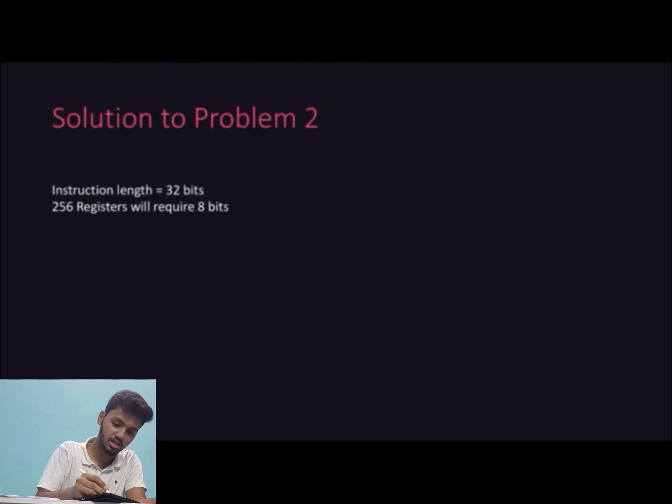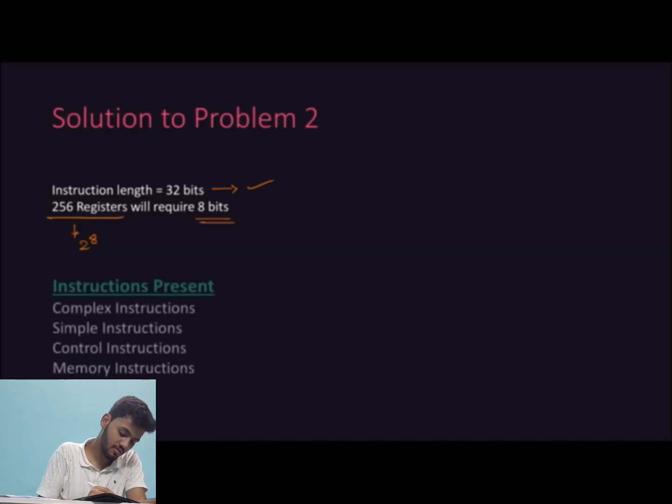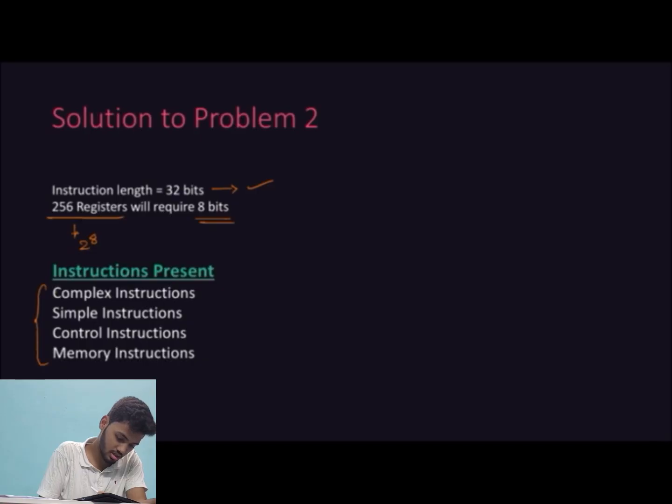Now coming to the solution for problem number 2. Some information given in the question is that there are 32-bit instruction length and 256 registers are present. Now 256 is 2 power 8, so it will require 8 bits. Now we have been given these 4 instructions: complex instructions, simple instructions, control instructions, and memory instructions. So let's now consider the encoding for all of them.